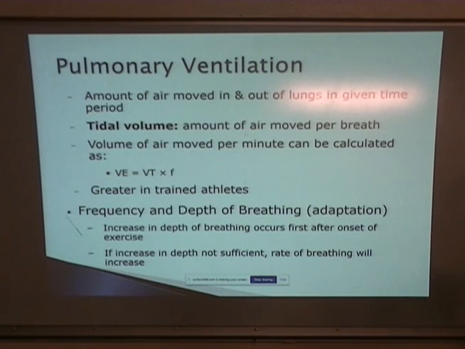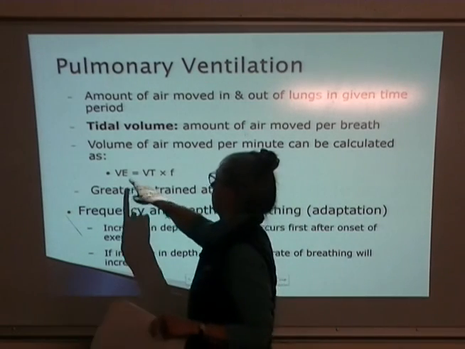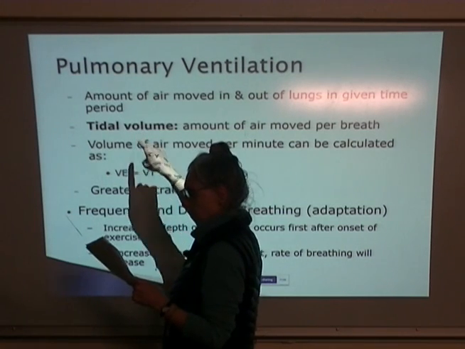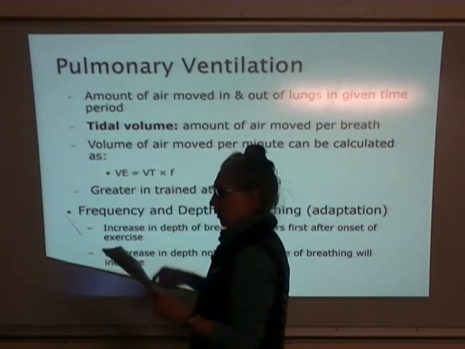So they're the equivalent in two different systems, okay? And the volume, VE, is the volume of air expired per minute. It's equivalent to Q, the amount of blood moved per minute. Right? So VE is VT, tidal volume, times frequency.